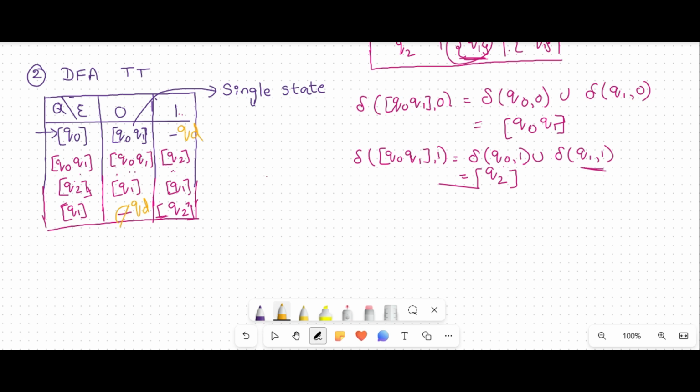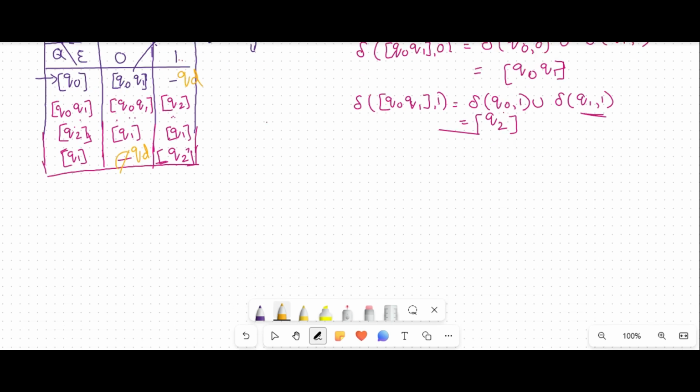Now I am representing the DFA transition diagram. This is step 3. So how can we represent the transition diagram? Totally how many states are here?